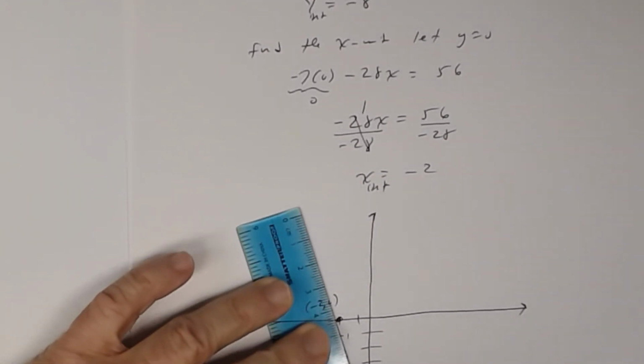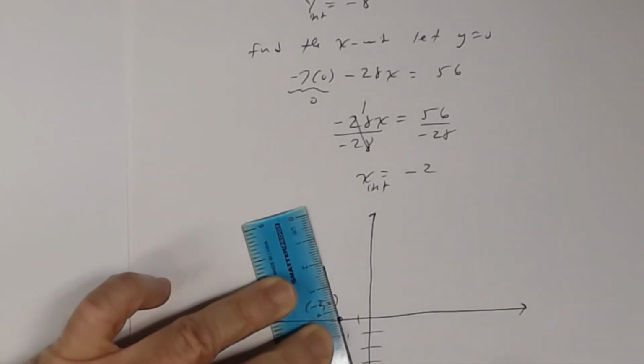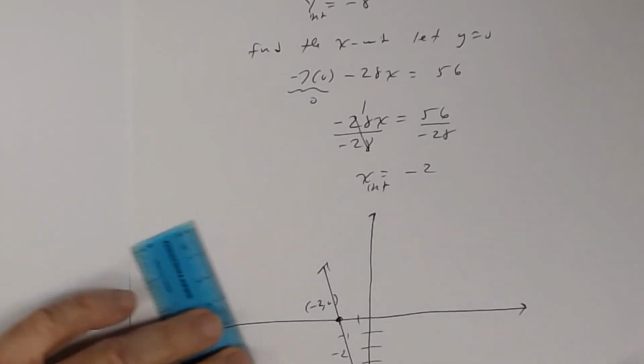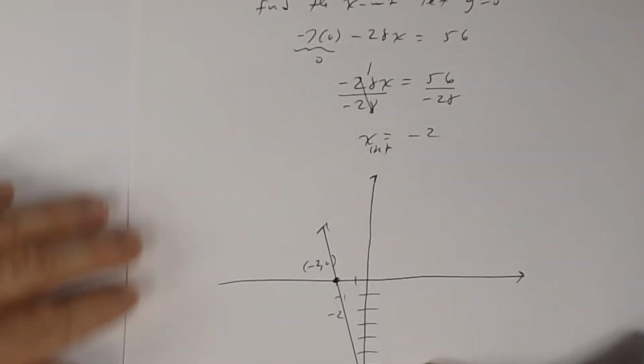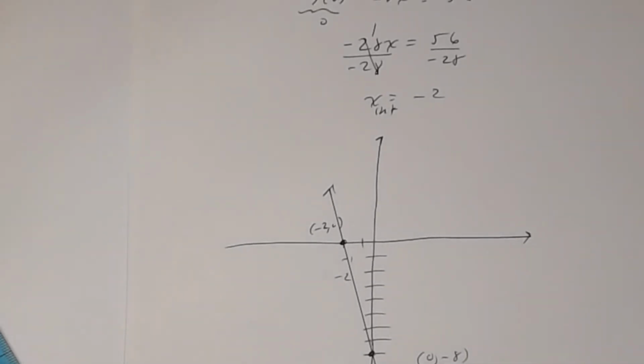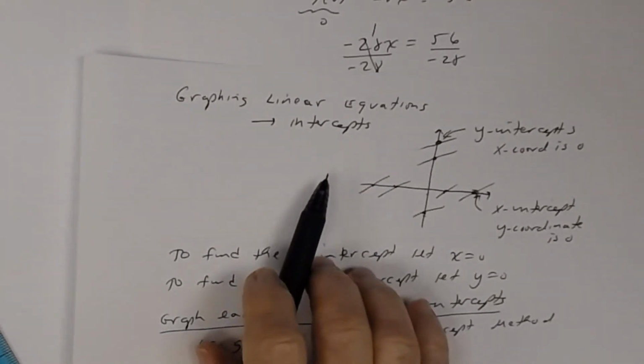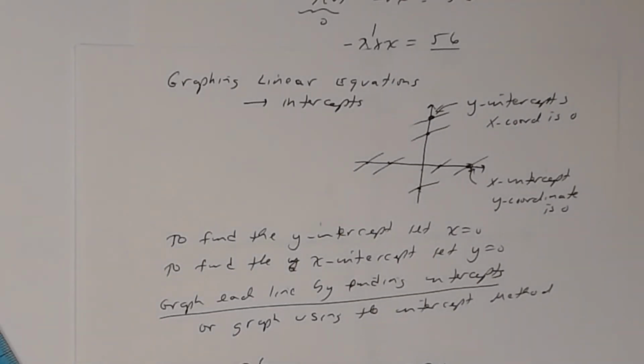That's all you do. All right, and so you get this, and there's the graph of that line. Let me move it a little bit up, and that's it. Okay, so that is the lesson on graphing linear equations using intercepts.